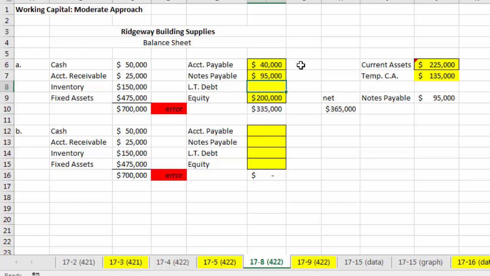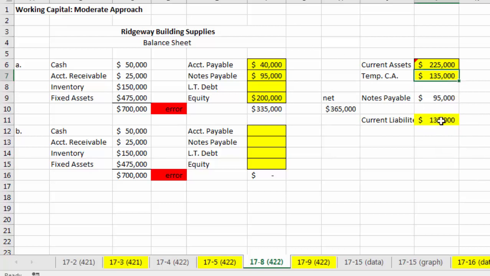Okay, and now we have, if we want to double check that the sum of those 135,000 equals the sum of current assets, we can check this over here just to be really safe. We can calculate current liabilities right here, which is the sum of these two. All right, so 135,000, 135,000. That's the moderate approach.